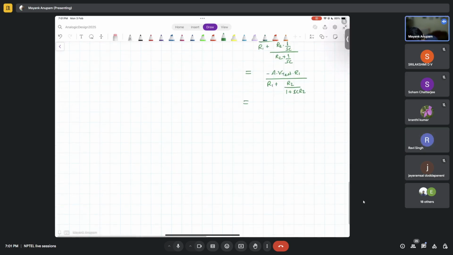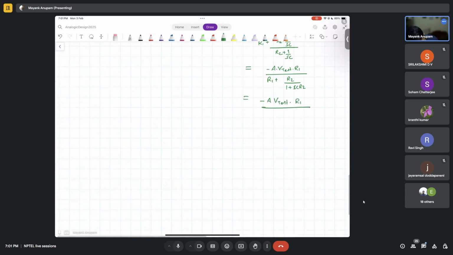Yes. And then this will be minus A times V test times R1 divided by R1 plus SC R1 R2 plus R2, right? And the denominator will go on top, 1 plus SCR2. So what will it give you?